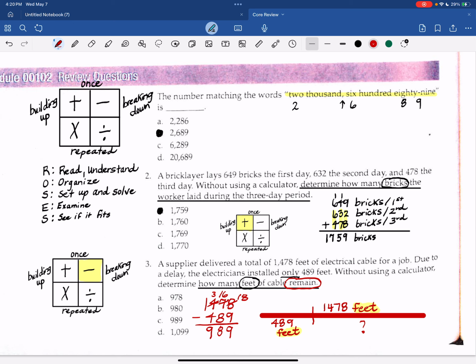That's set up and solve. Check it and see if it fits, and it sure does. I like Charlie on this one. 989 what? Feet. Get in the habit of including that unit, and it should always match what you put into your problem right here.